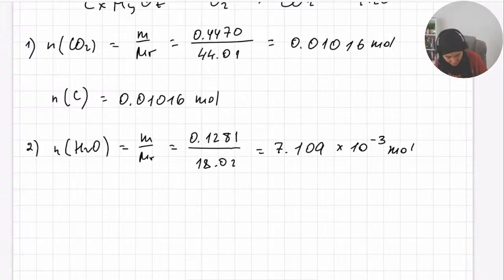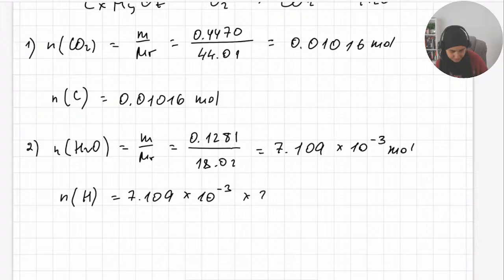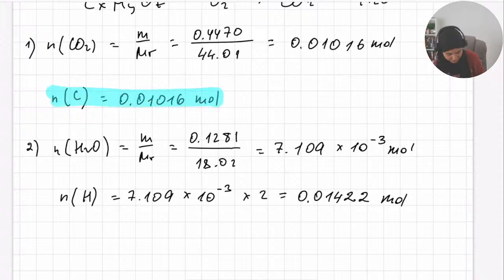So moles of hydrogen would be moles of water times 2, because it's H2O. So that is 0.01422. Let's highlight this, I would need it for the ratio.